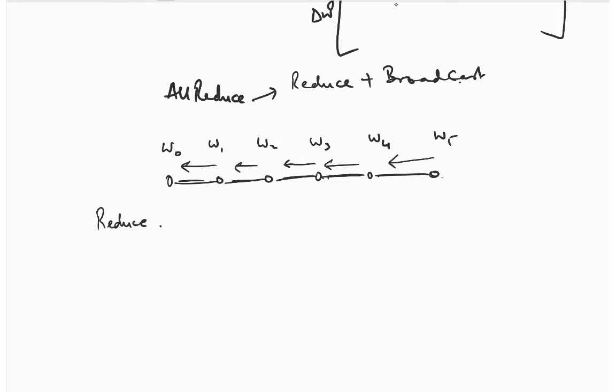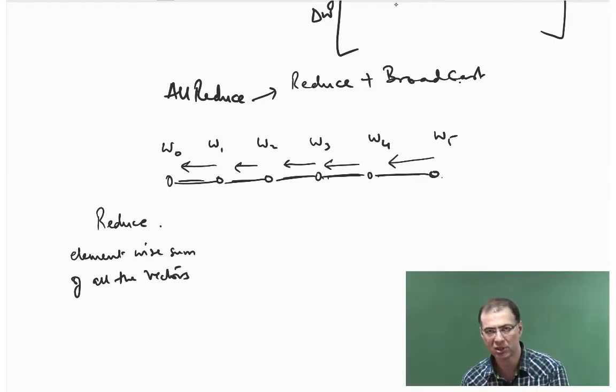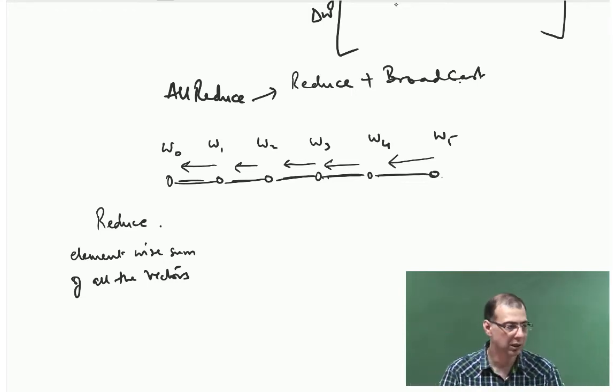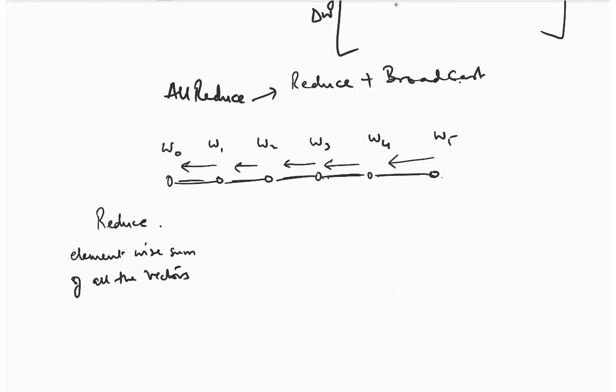It will have the element wise sum of all the vectors. We'll actually be going through all this a little more formally, but in the first few lectures I just wanted to give you some motivation for where all we apply parallel programming and what kind of things we are going to study. Okay, so this is the element wise sum of all the vectors, and now this is available on W0.